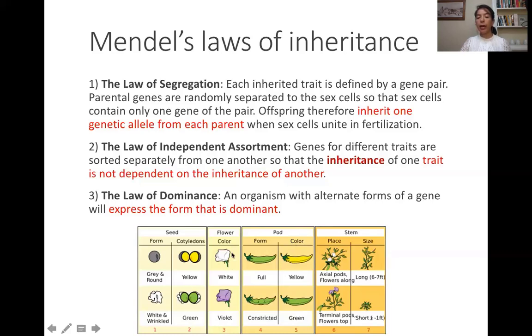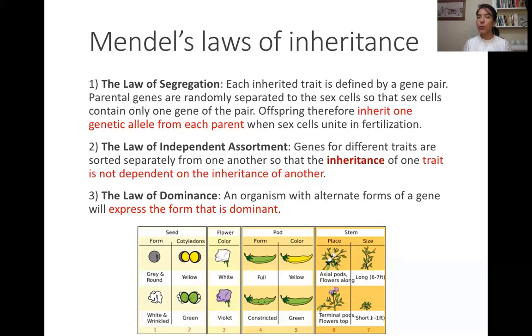So he could have white flowers with green pods or white flowers with yellow pods. That suggests that the traits and the factors, and as I was saying, the alleles associated with these traits, are independent. They are not linked. And he concluded that because he was lucky.